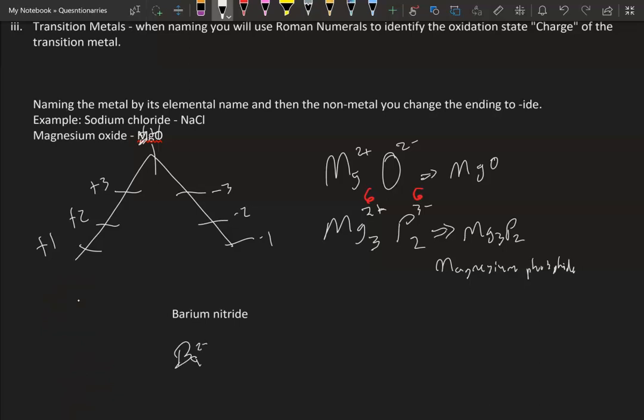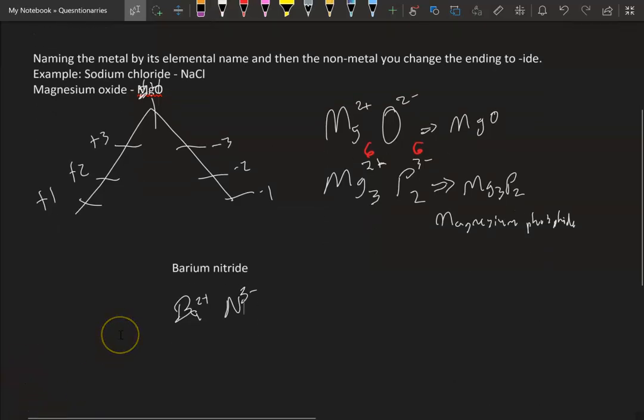All right, Ba has a +2 charge, and the nitride is in with a -3 charge. So again, the common number between those is 6. All right, and then as we divide out, we're going to have 3 bariums and 2 nitrogens. All right, so that would be the formula for barium nitride, Ba3N2.